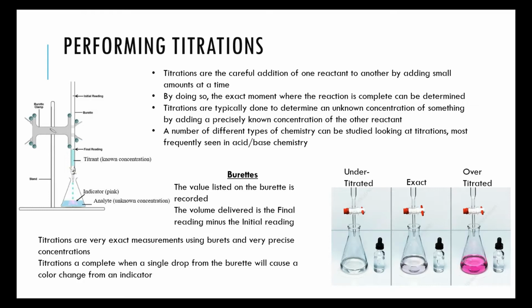So that way, when you perform the calculation of final minus initial, you'll always end up with the volume of the titrant solution from the burette. And you can use that volume to determine moles of one component and then moles of the other component using the stoichiometric ratio.